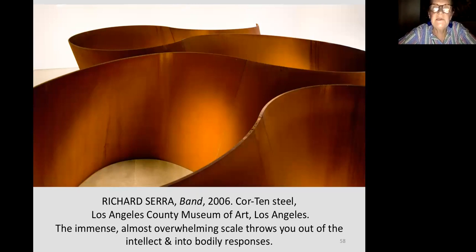And this piece is so huge, and the metal that it's made of is so heavy and dense and weighty. It almost weighs you down as you look at it. It throws you out of your intellect and into a body response.